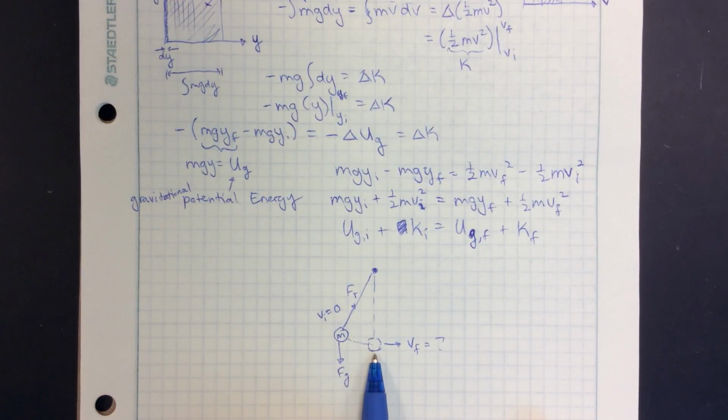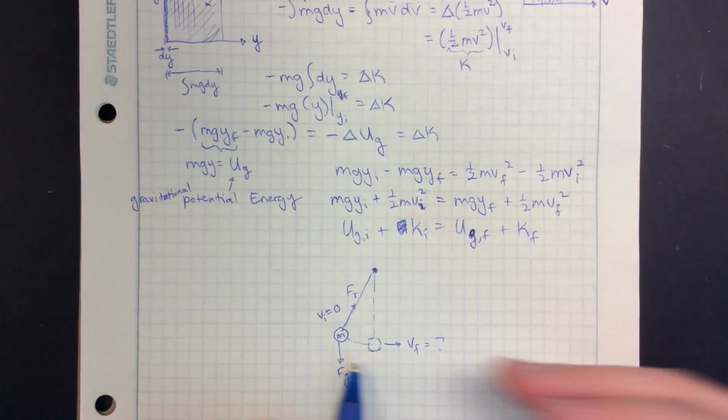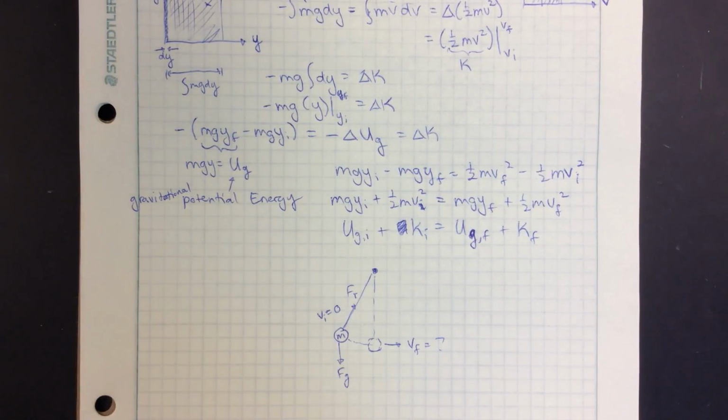At this bottom part, it's purely radial and not tangential, and everywhere in between, it keeps changing. Your tension is at these different angles, your gravity is at different angles. So it's really hard to just sum the forces, because your forces are changing, which means your accelerations are changing, which means that the kinematic equations you've learned so far for constant acceleration, you can't use them. So it makes it very difficult.